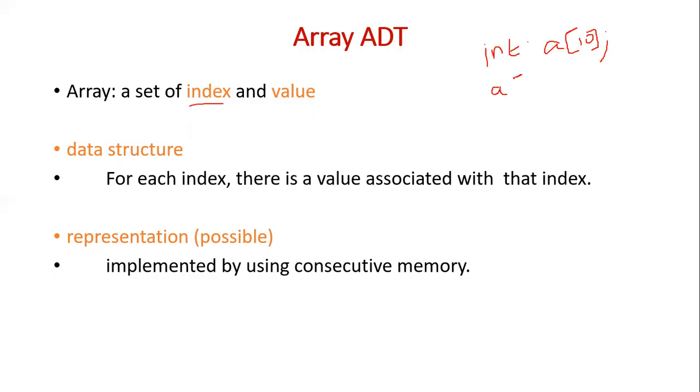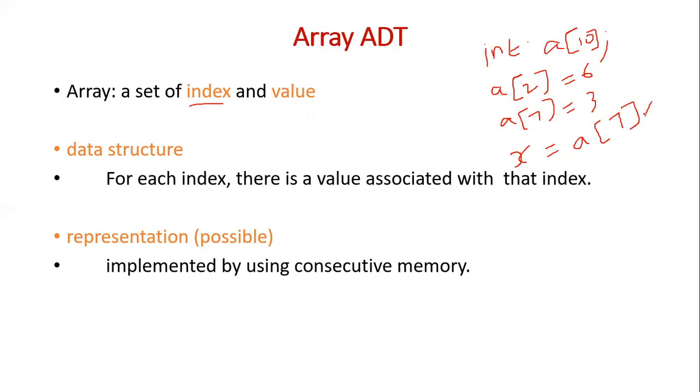So if he stores a of 2 is equal to 6, a of 7 is equal to 3, then later he may write somewhere else that x is equal to a of 7 into 2.